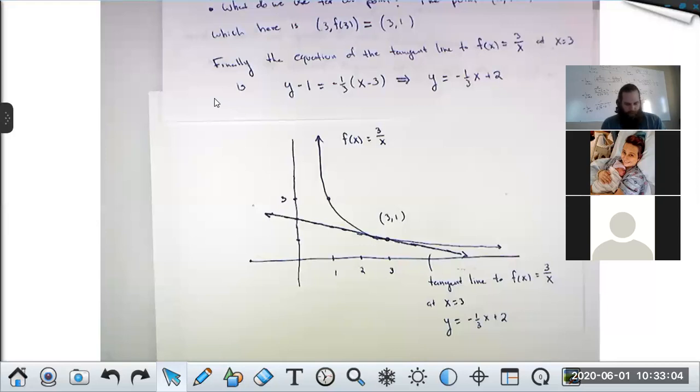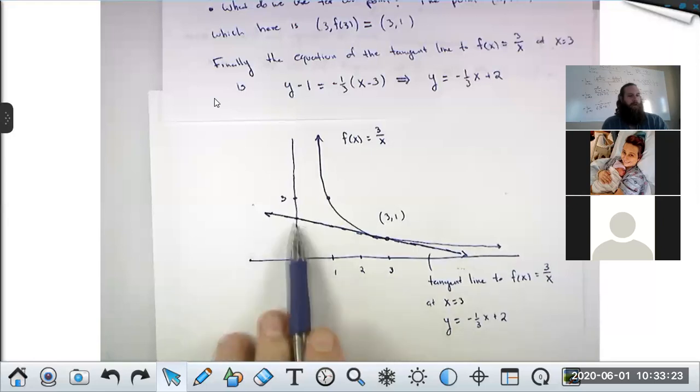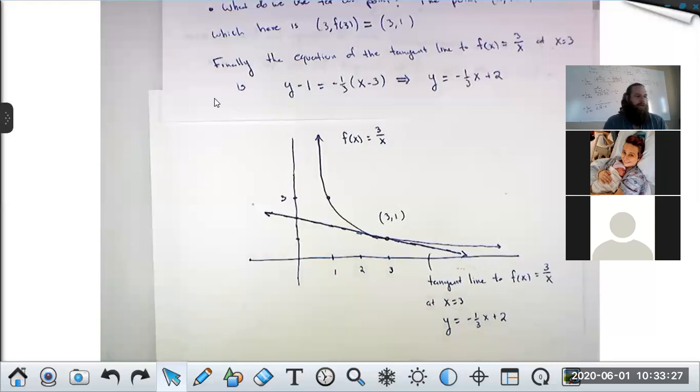Okay, so I get the point where 3 comma 1 is, but what's the point that we use on the y value? Is that 2, and where do we get that from? Oh, okay, never mind. Sorry. That's all right. So when I put my tangent line into y equals mx plus b, that told me that my y-intercept for the tangent line was 2. That's all.